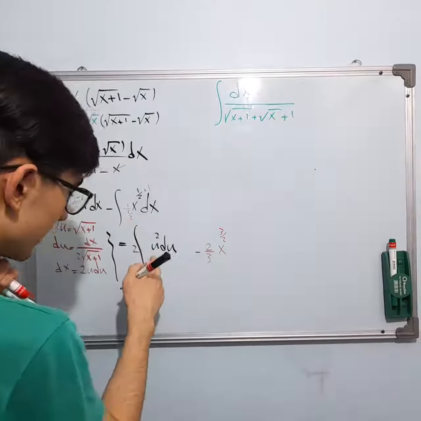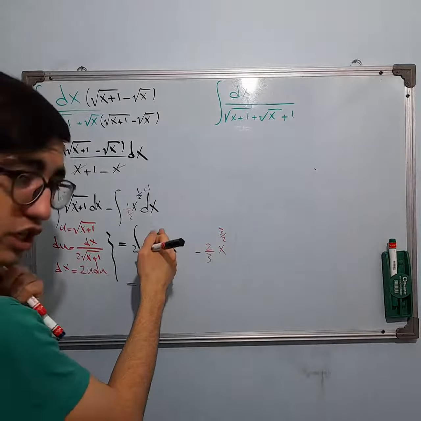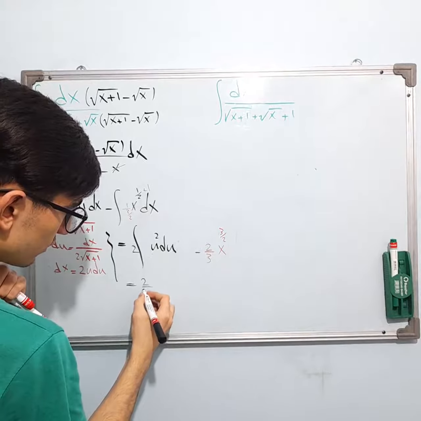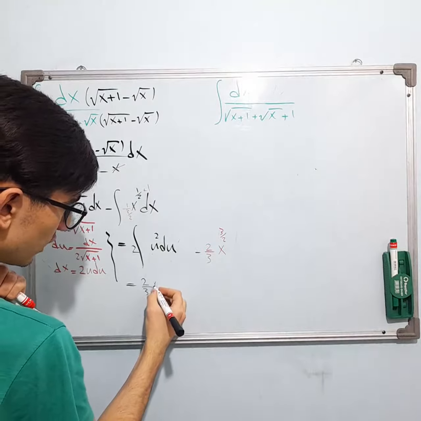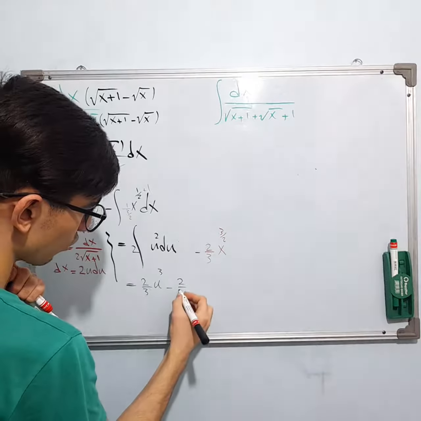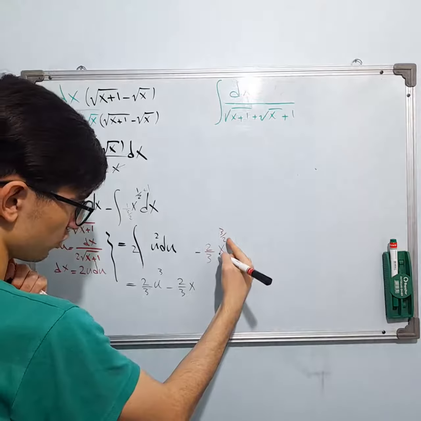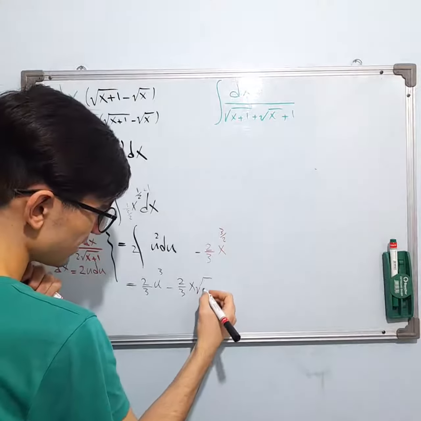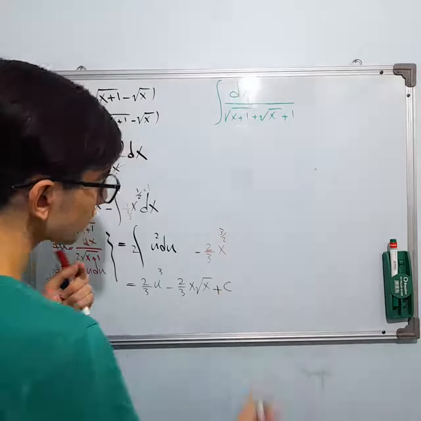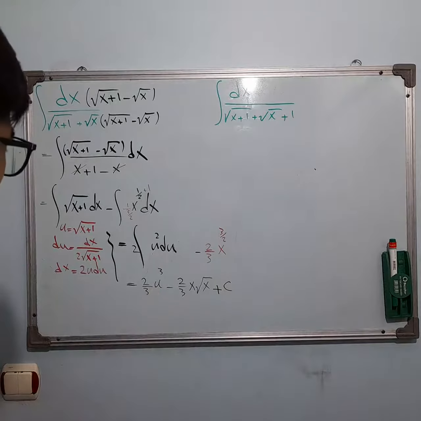The integral of u squared du is u cubed over 3, so 2 over 3 u cubed minus 2 over 3, and I write x to the 3 over 2 power as x times square root of x, and finally plus c. So I must change u back to x.